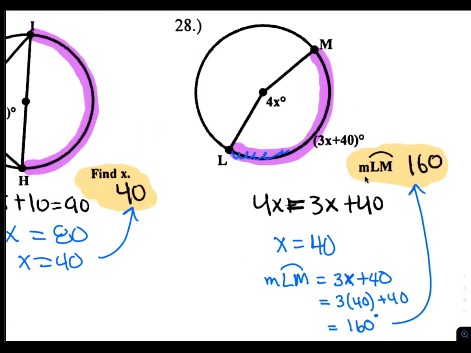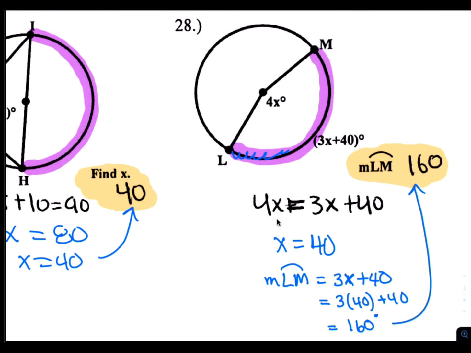In number 28, we're trying to find the measure of arc LM, which is the purple arc. Arc LM is the same as the central angle. The central angle is 4x, and arc LM is 3x plus 40. So they must be equal to each other. So we set up the equation that 4x is equal to 3x plus 40.